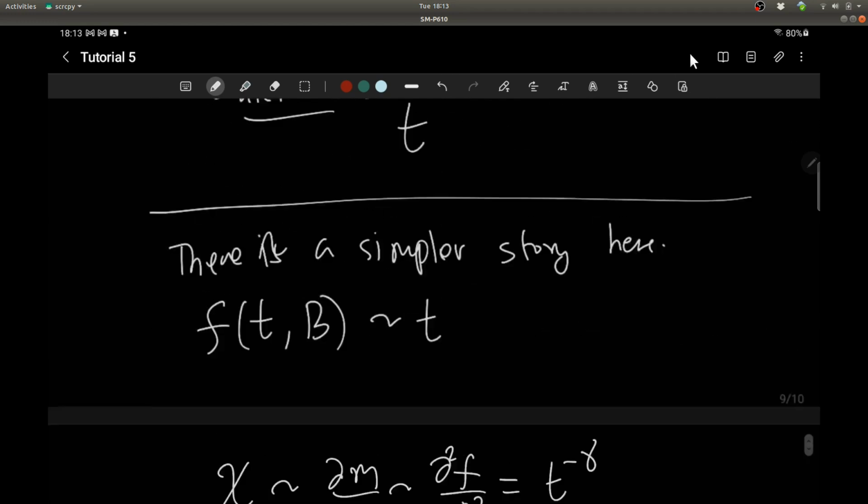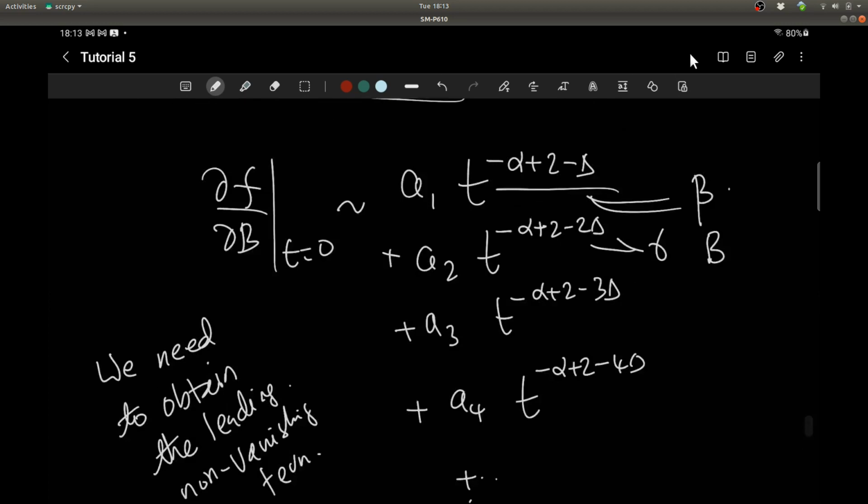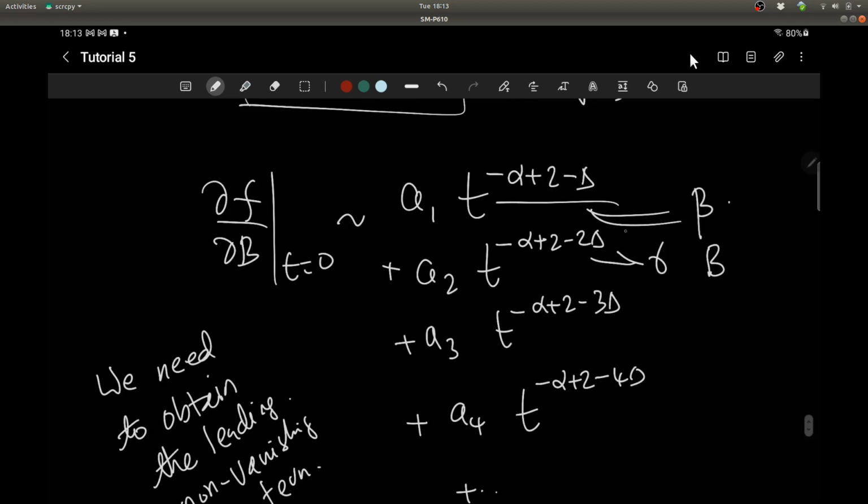What I'm trying to say here is that the reason I'm going to these various orders is that it should come for me. So this goes like b. A1 is independent of b, A2 has a b squared, and this has a b cubed. So it should happen that this particular term should give the correct scaling, because it should give b cubed.